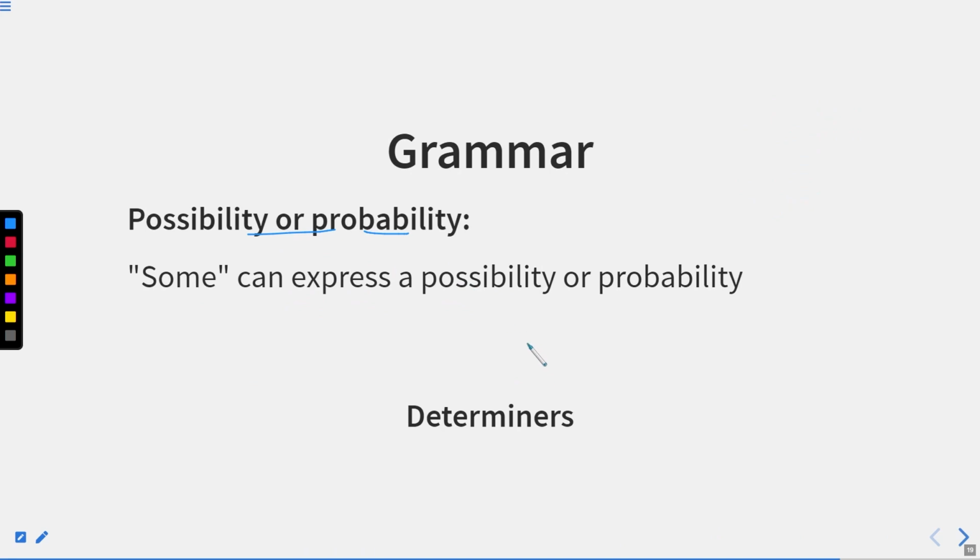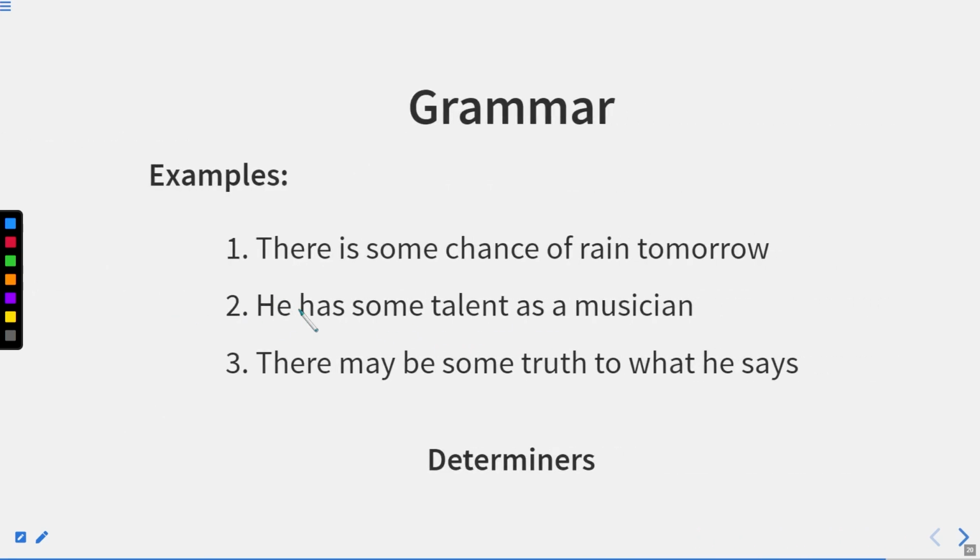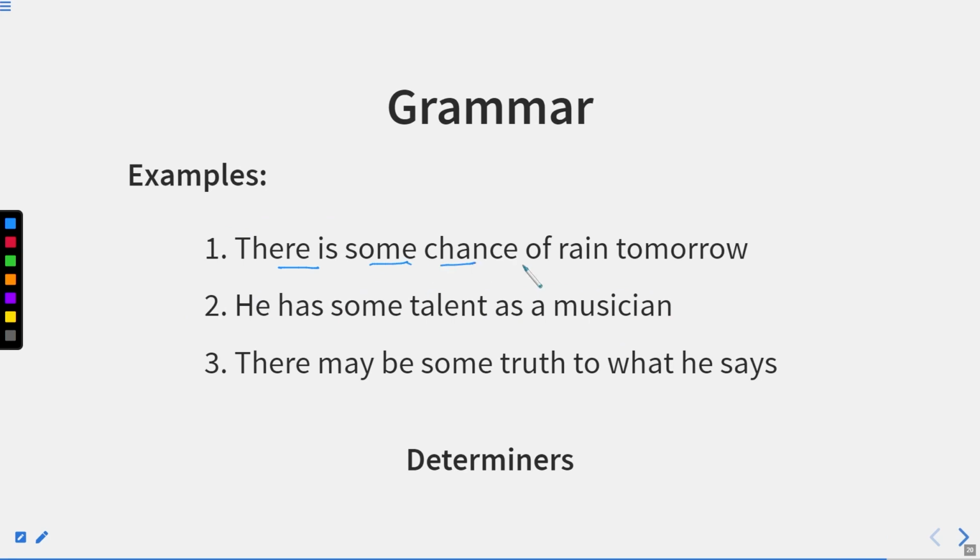Possibility or probability can also be indicated by the determiner some. Some can express a possibility or probability. How? There is some chance of rain tomorrow. It means there is some possibility of rain tomorrow, maybe it will rain.